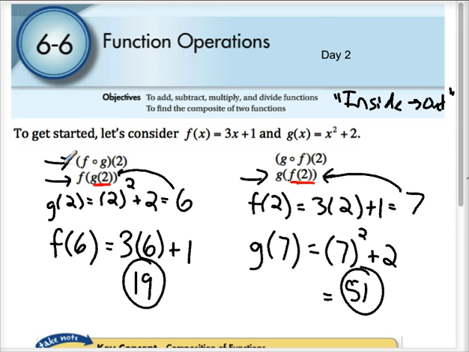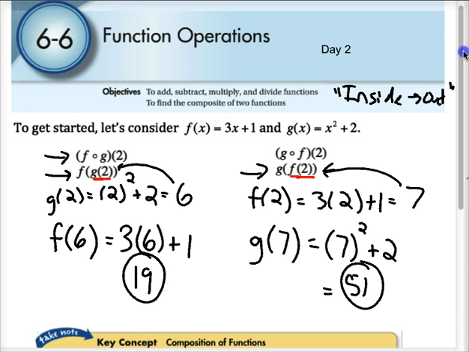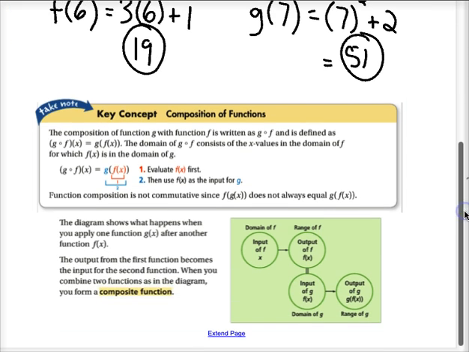So notice, completely different answers if you go in the reverse order. Which is going to be very important, so that you're not getting the same thing. So what's happening here? Again, we're working from the inside out. You evaluate that inside piece first, and then you use that result as the input for g.